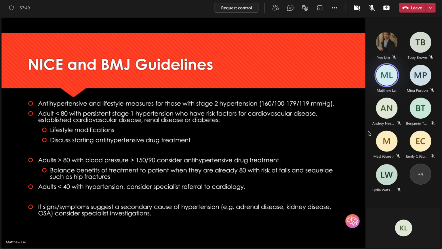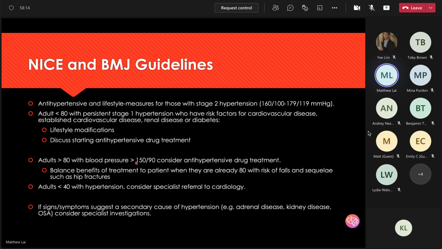But for adults who are older than 80 with a blood pressure of greater than 150, we start needing to weigh up whether or not the benefits to their lifespan when they're already 80 is going to be more than the risk of causing them a fall and other sequelae from falls like hip fractures, which are pre-terminal events in the elderly.